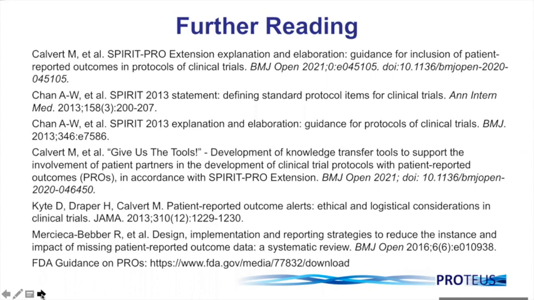This is a systematic review that I referred to earlier when I was saying missing data is a huge topic, but there's a lot that you can do about it, as it says in the design, implementation and reporting, right across the trial's life cycle. The final suggestion there is the FDA guidance, which provides an authoritative coverage of many of the principles needed for high quality PRO research.